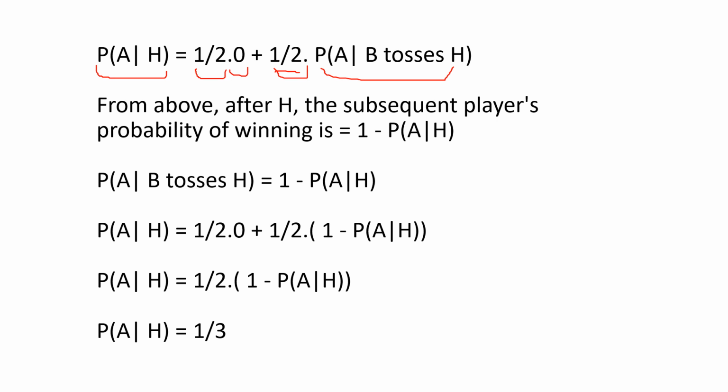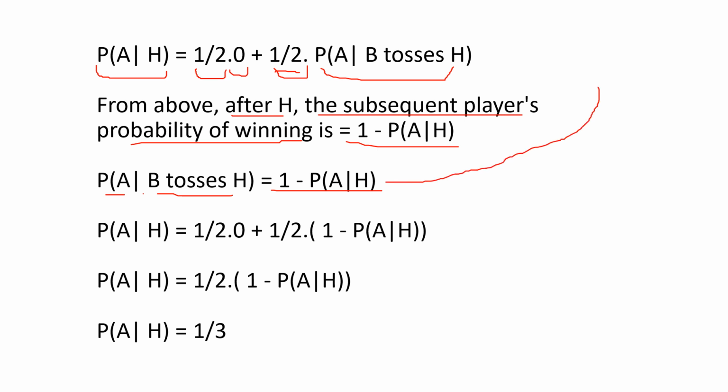Now, as we've just seen, after a player tosses heads, the subsequent player's probability of winning is 1 minus PA given H. So the probability of A winning given that B just tossed heads is 1 minus PAH.